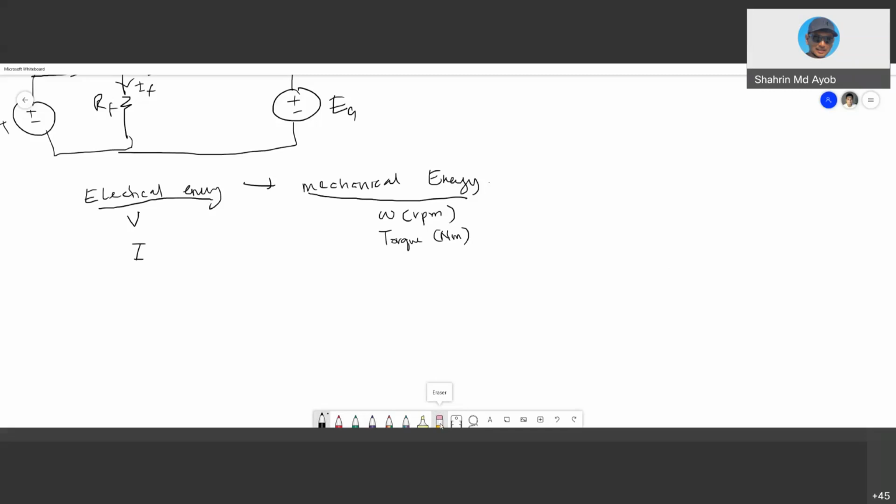In electrical energy, we only focus on the voltage and current. For the mechanical energy, it is more towards the characteristic of the speed and the characteristic of the torque.